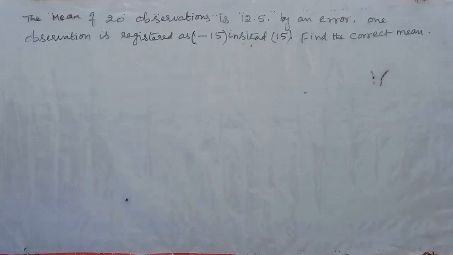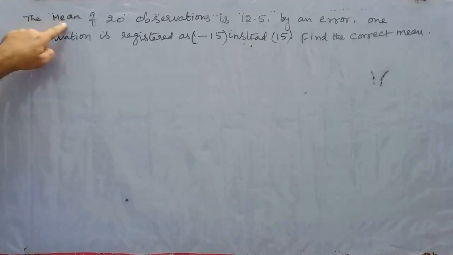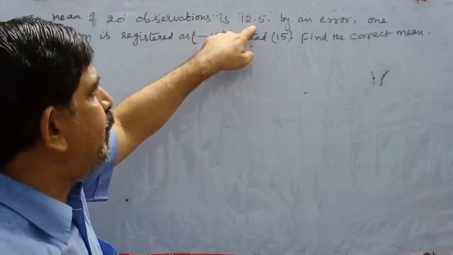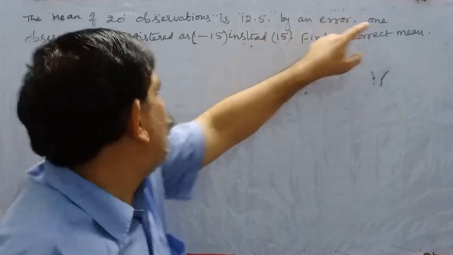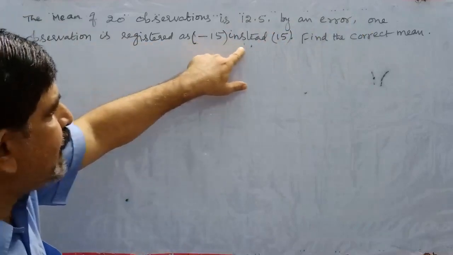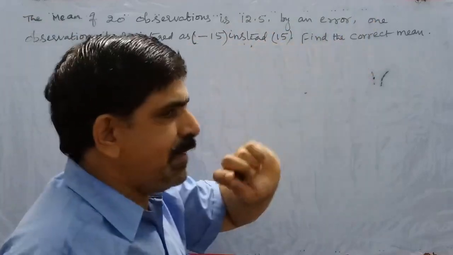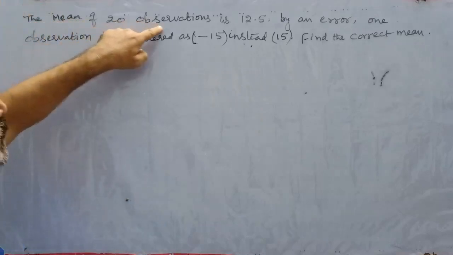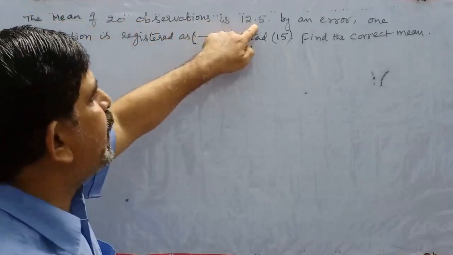Okay children, next question. The mean of 20 observations is 12.5. By an error, one observation is registered as minus 15 instead of 15. Find the correct mean. Read the question again. The mean of 20 observations is 12.5.